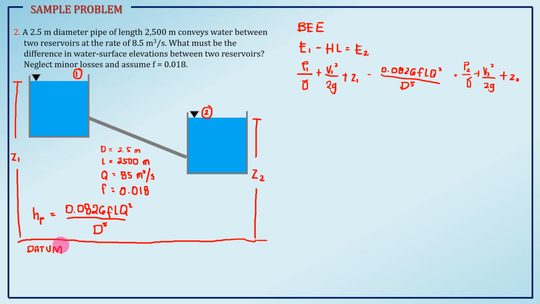Let's analyze point 1. It doesn't have a pressure head because the gauge pressure is 0, since it is exposed to air, so this cancels. Also consider the velocity in the reservoirs, which is almost approaching 0. Then we have Z1, minus the 0.0826.